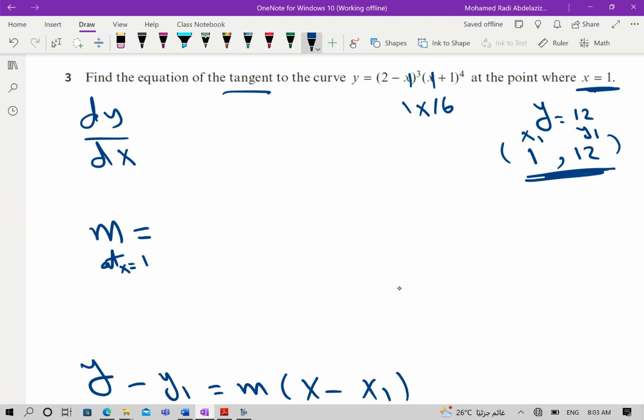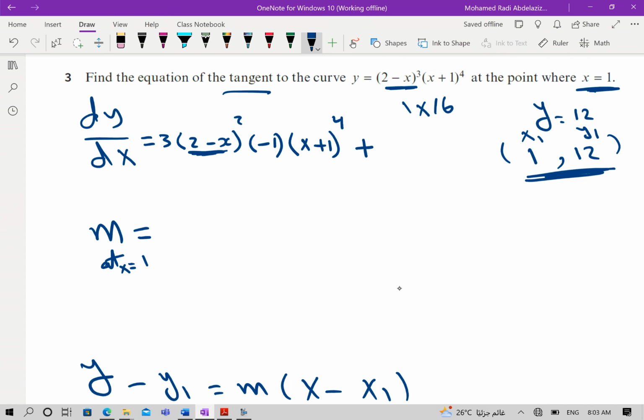First step, find the differentiation. It's a product of two functions. Differentiation of the first: drop the power, then minus 1 from 3 to be 2. Then don't forget to multiply by the derivative of this expression, which is negative 1. This is the differentiation of the first. Multiply by the second, which is x plus 1 all to the power of 4.